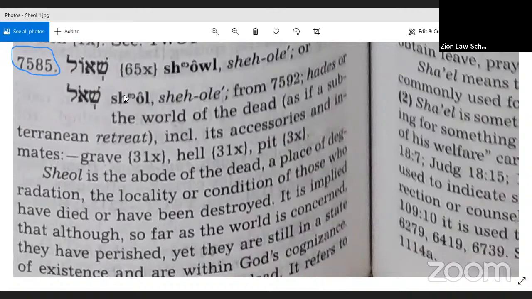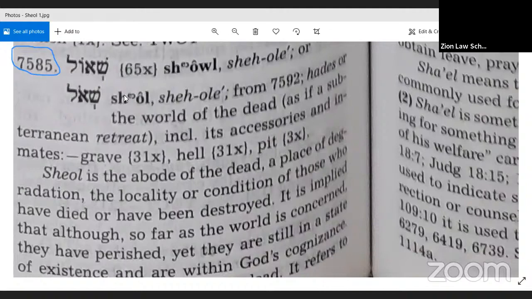Notice it says from 7592. There's a relationship between the words. Part of understanding our language is understanding the relationship between words, the etymology and the relationship between each word.